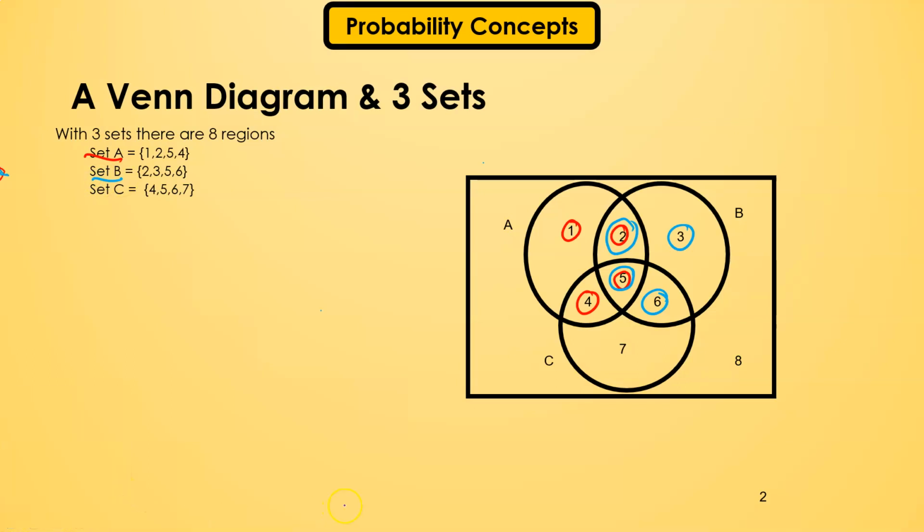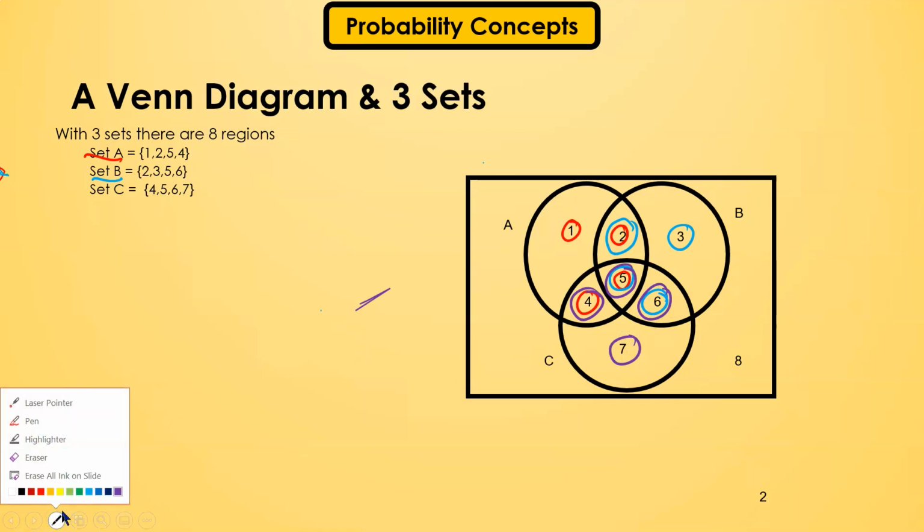And good old C is made up of 4, 5, 6, 7. So you can see that there's some more overlaps, but also there's 5 which actually includes all 3.